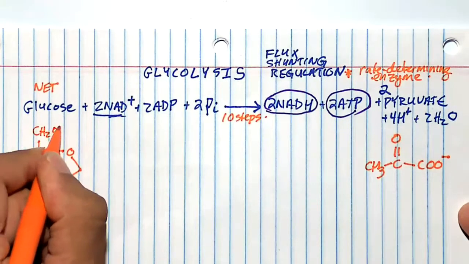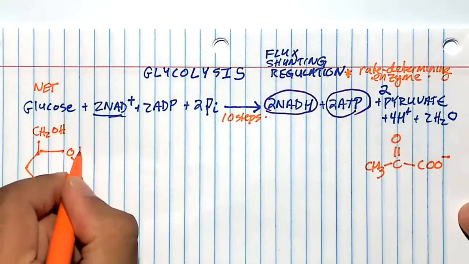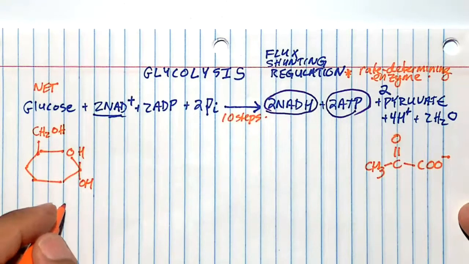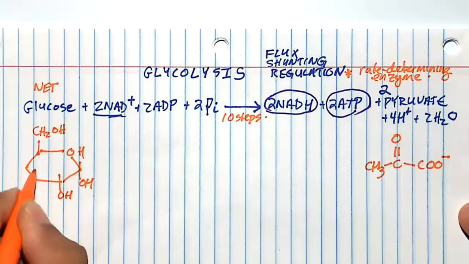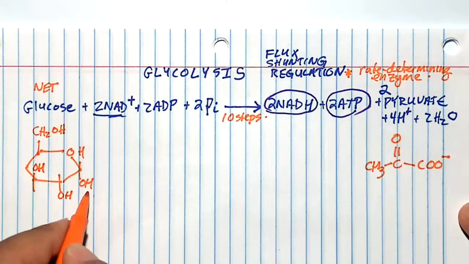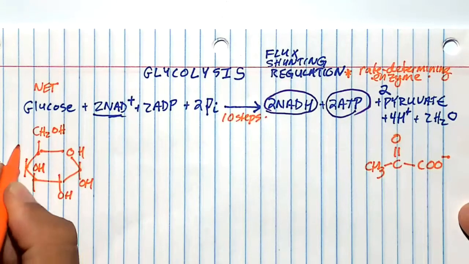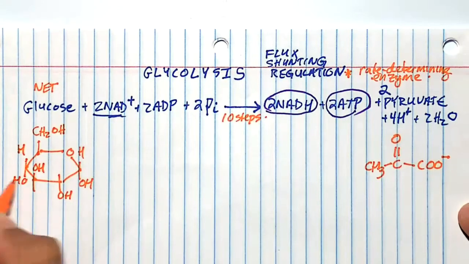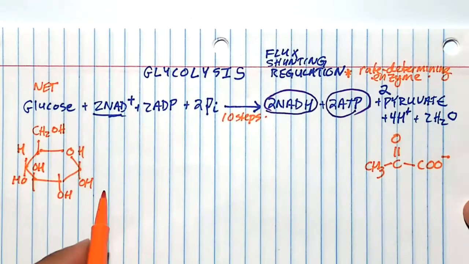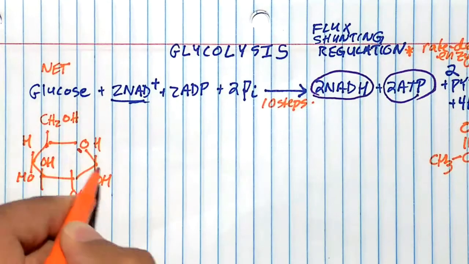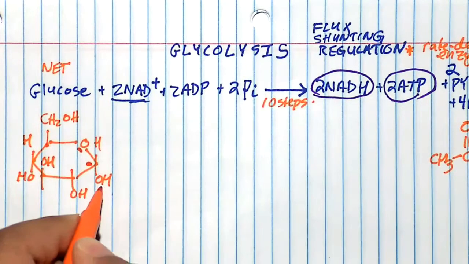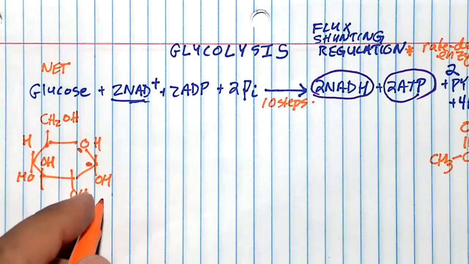I'm not going to really worry about that. So I'm just going to draw the alpha form of glucose here. But we're not going to worry about the anomers of glucose, whether it's an alpha anomer or beta anomer. Okay, so here you see the anomeric oxygen. Here's the anomeric carbon. The OH can be below or above the plane of the ring.